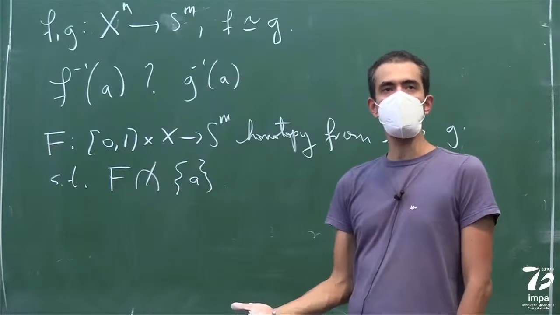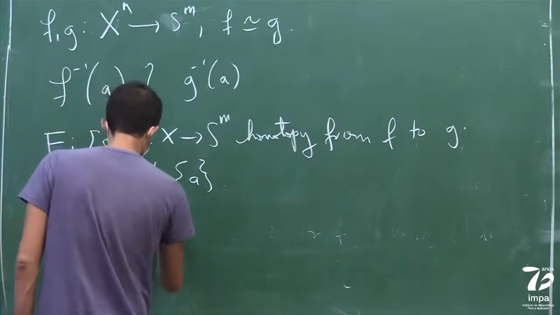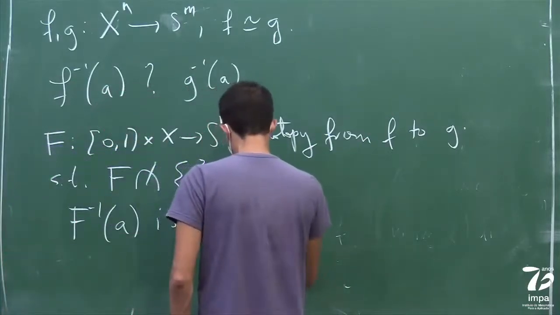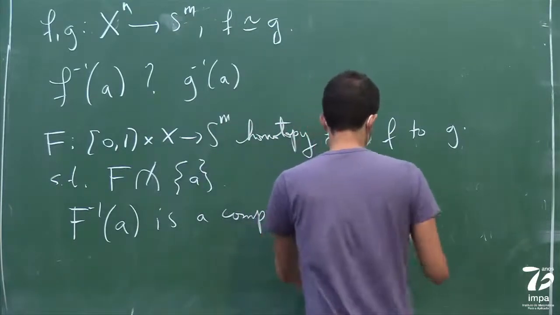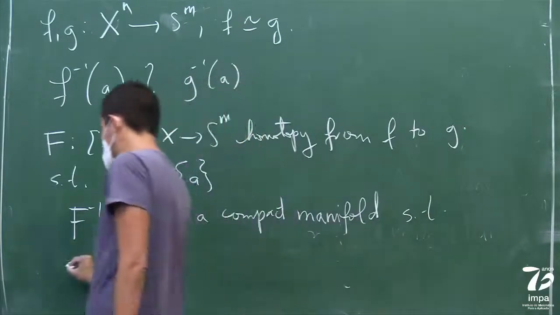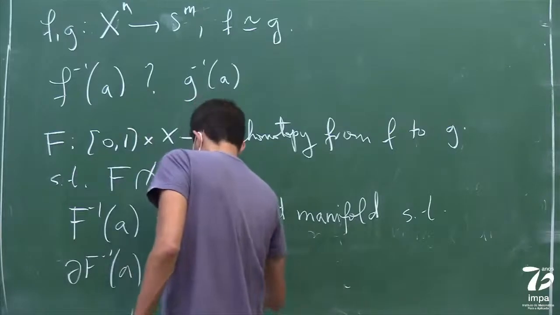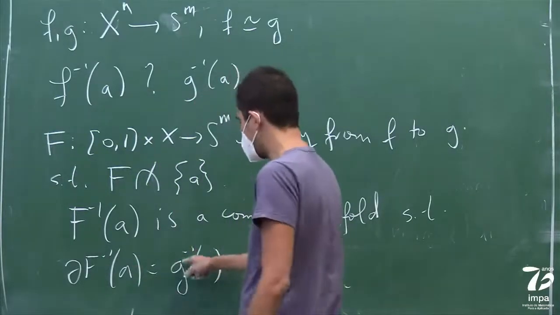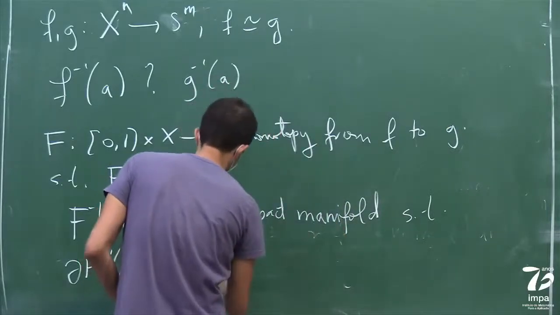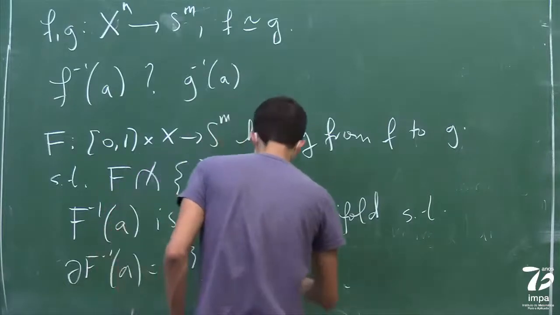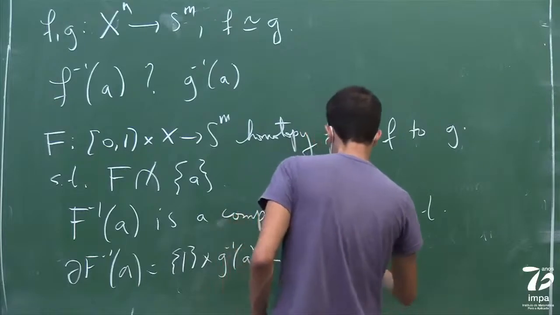So we can look at the pre-image of A by capital F. Then this is a compact manifold such that the boundary of that is going to be the g inverse of A times 1, I should say, minus 0 times f inverse of A.